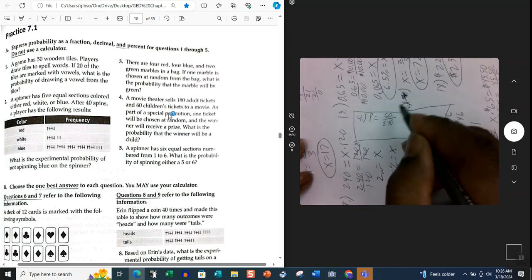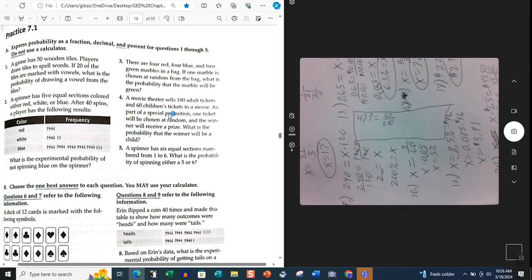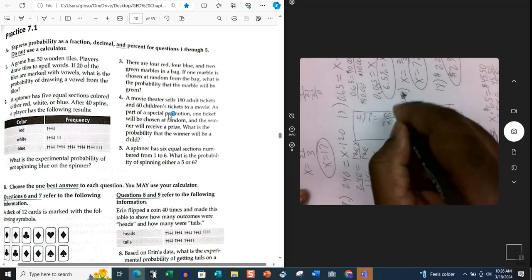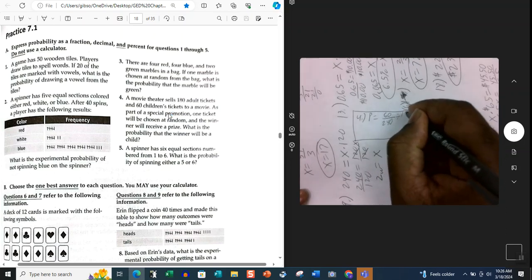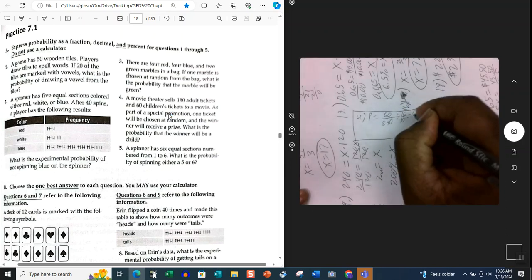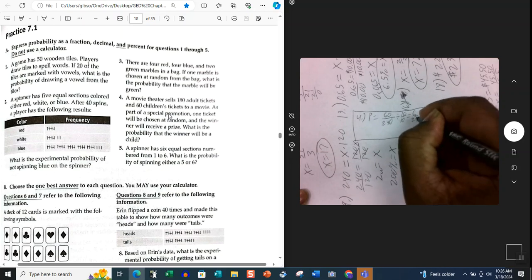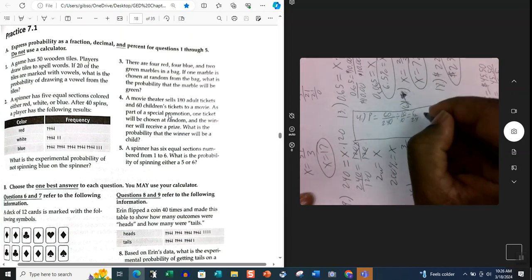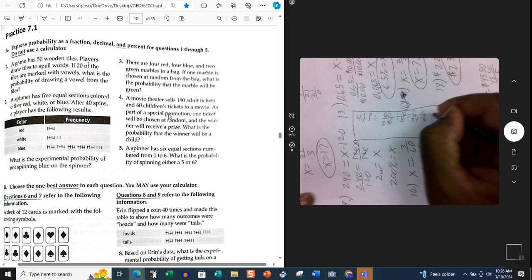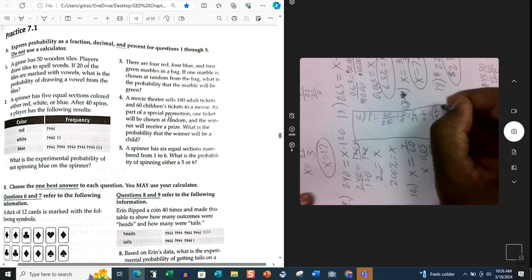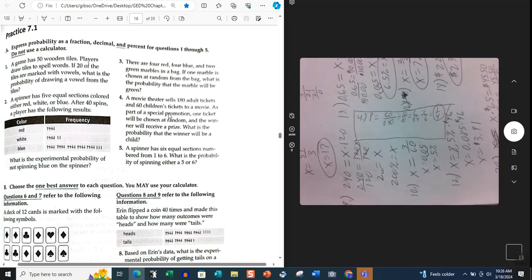All right, now we have 60 over 240, and we need to simplify this. So we could divide both of these by 10 first, and that would give us 6 over 24. And then 6 and 24 both have 6 in common, so that would give us 1/4. So 1/4 is our fraction.